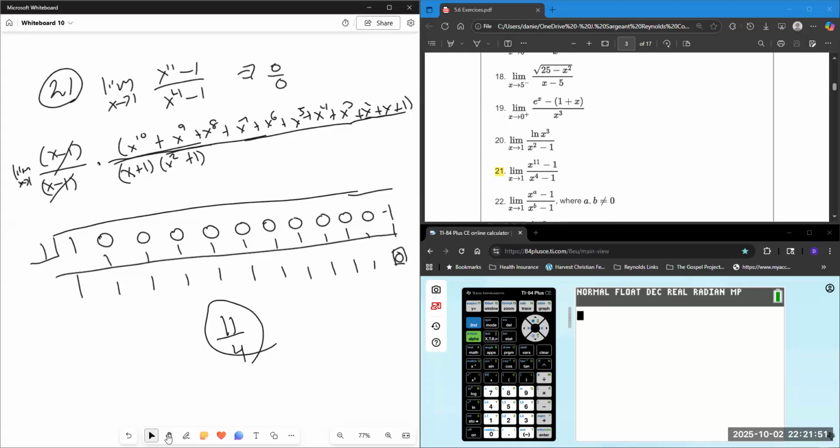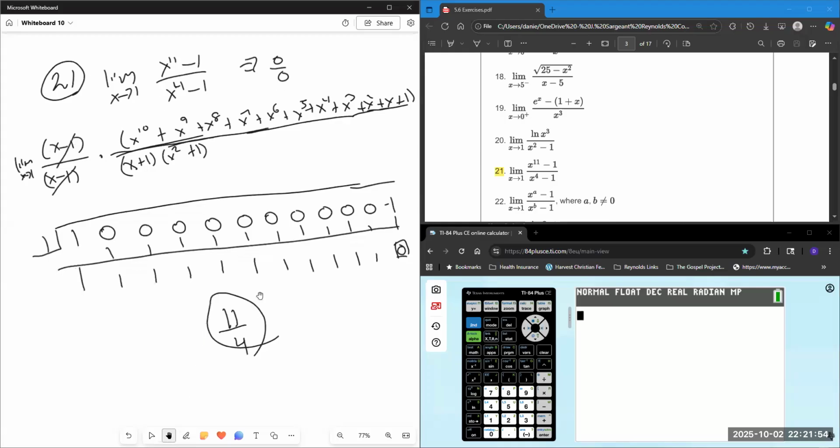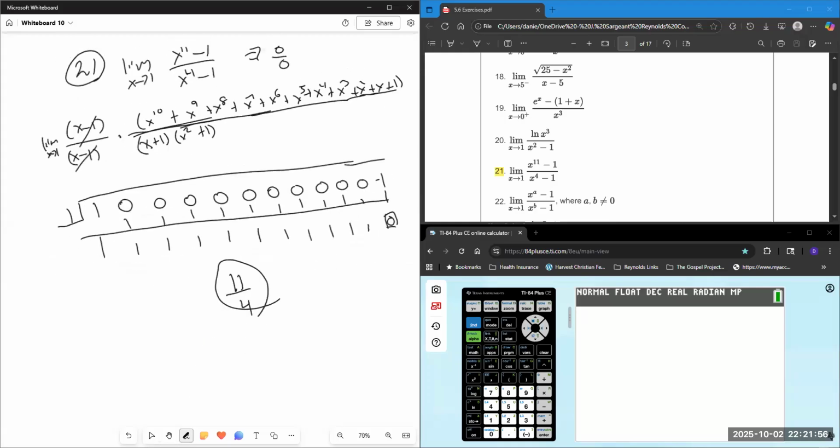Now let's use L'Hopital's rule and show you how much easier that would have been. Limit as x goes to 1 of 11x to the 10th over 4x to the 3rd, excuse me, 4x to the 3rd.